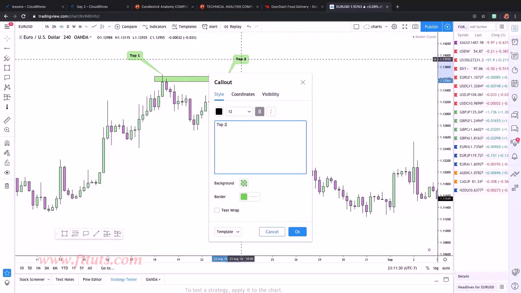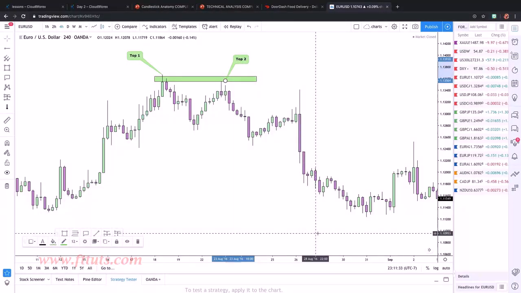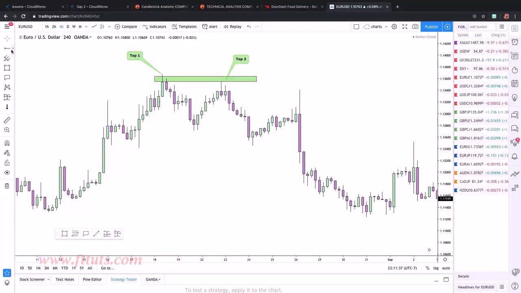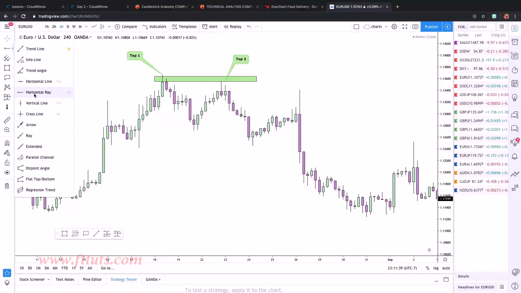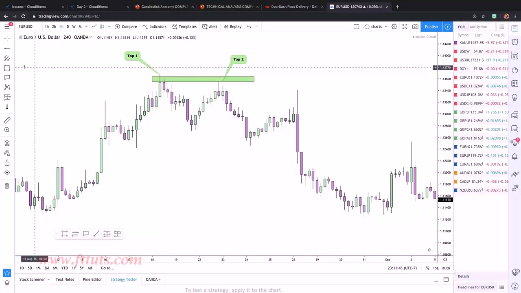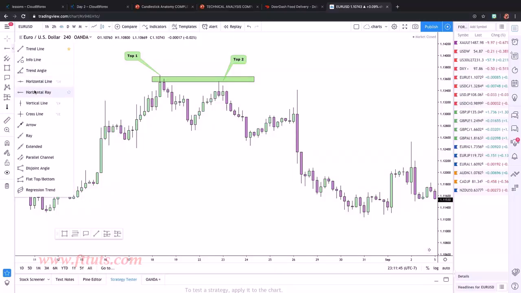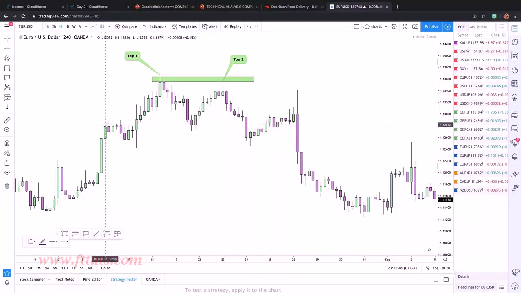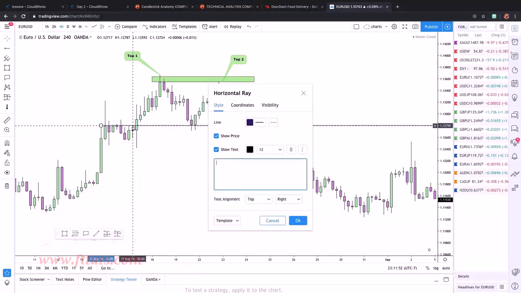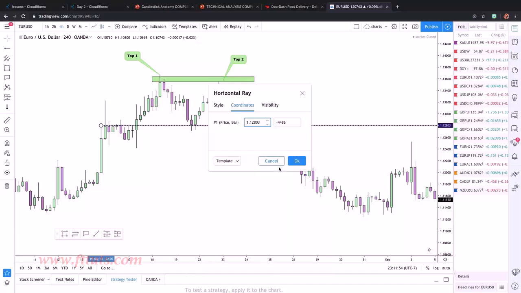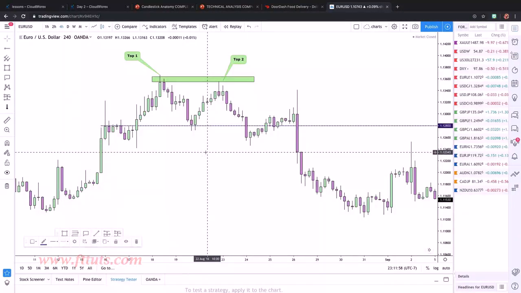Sometimes they're not even, which is okay, but if they come up to kind of the same resistance level, then it's fine. Like that clearly looks like a double top. So I'm going to take the horizontal ray, edit the coordinates, and make it 800.